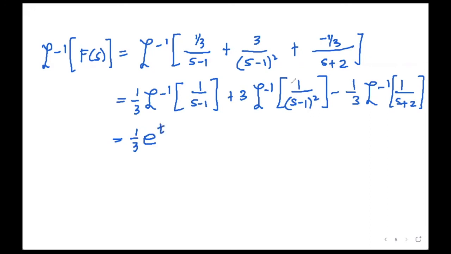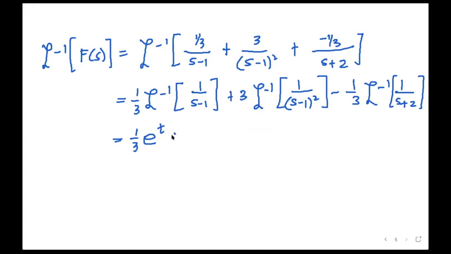And second term natin, since yung denominator dito is raised to power of 2, so this is first shifting ng t to the n over n factorial. Our n is 1. So 1 factorial is equal to 1. Same lang din naman yun. Divide by 1 factorial, same lang din, walang bago. So you can actually remove that one. Okay lang din, kahit wala ng 1 factorial.